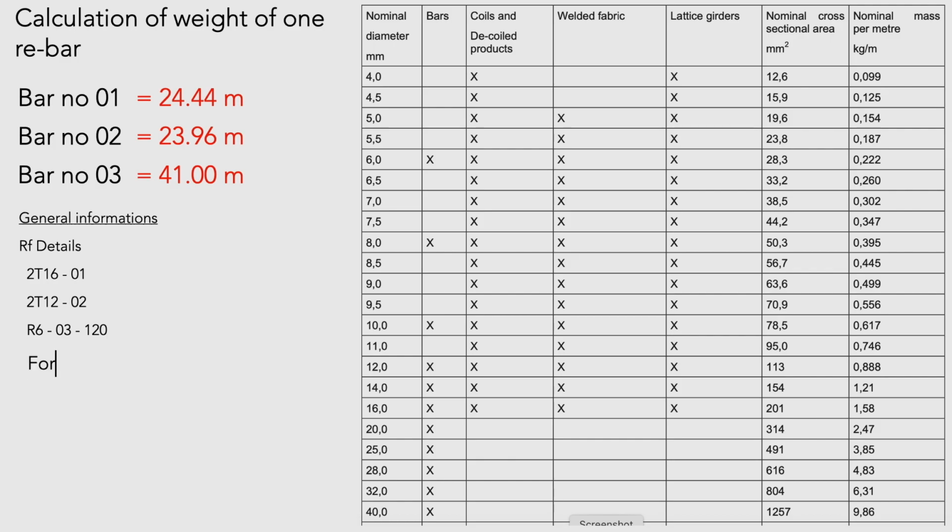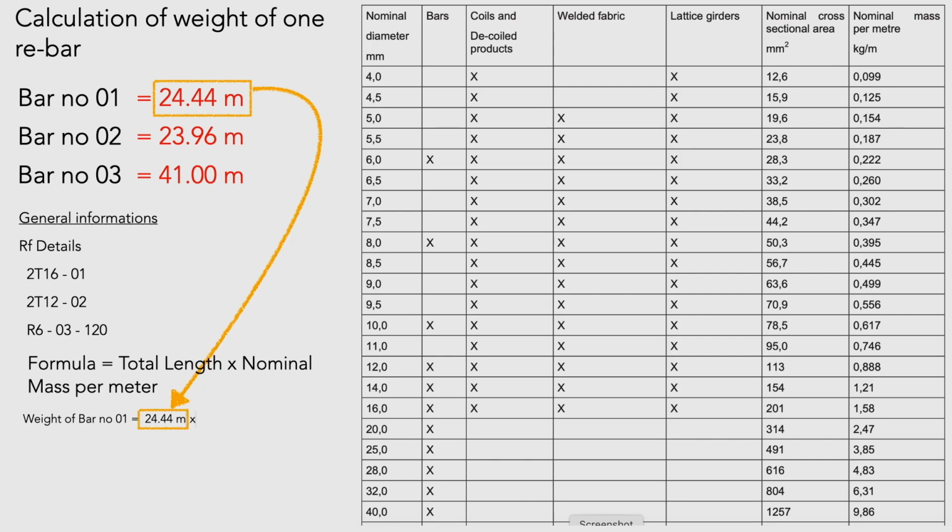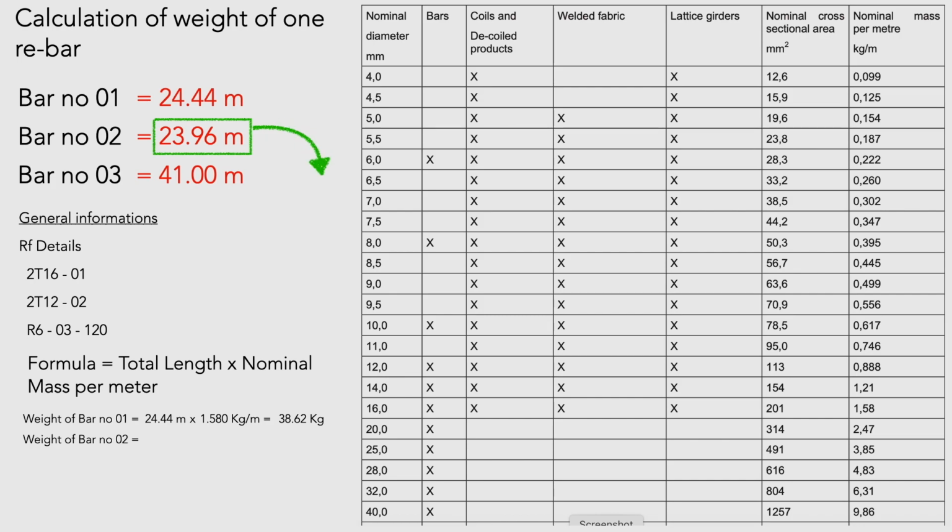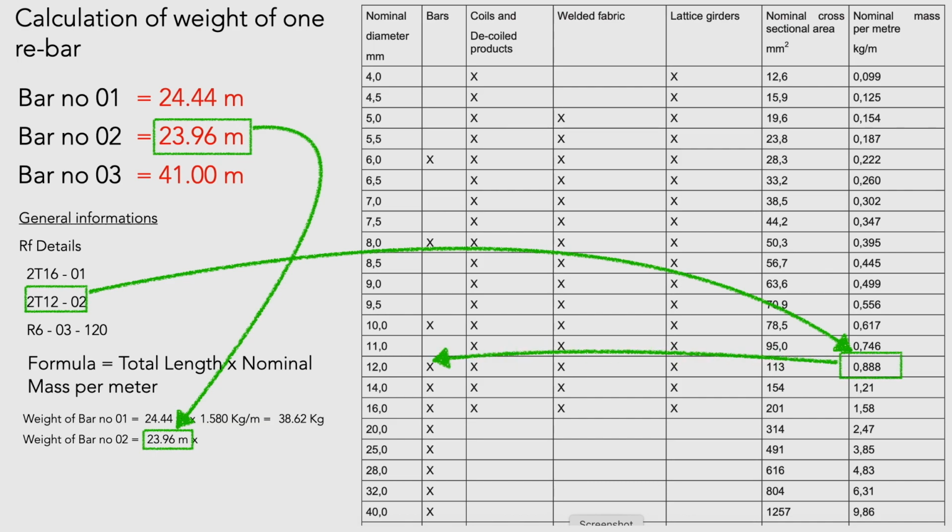Multiplication of total length and nominal mass per meter length will be the weight of the particular reinforcement member. Reinforcement bars have different diameters and because of that mass per unit length varies. Therefore BS 4449, 2005 states different weights per unit length according to diameter and the chart is shown here.